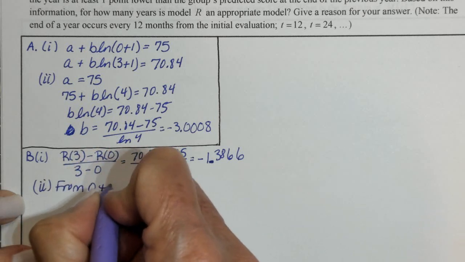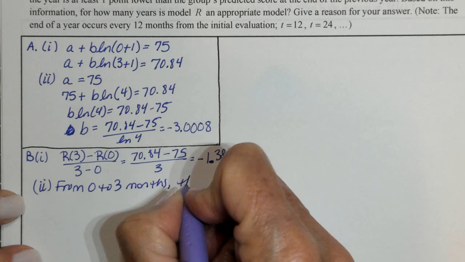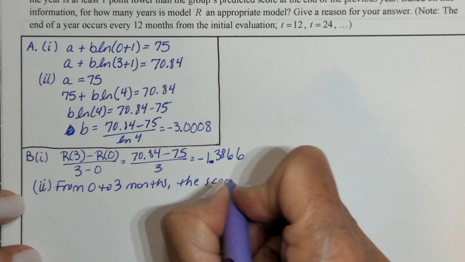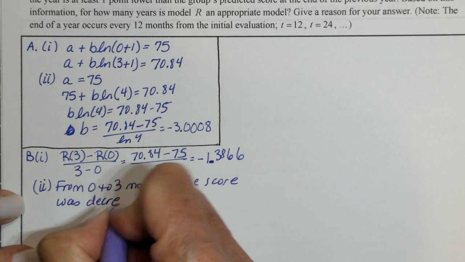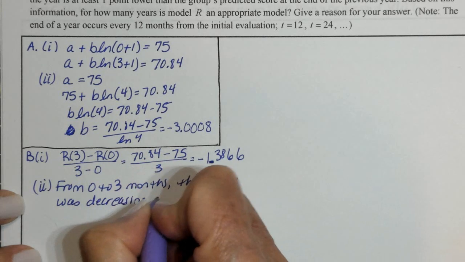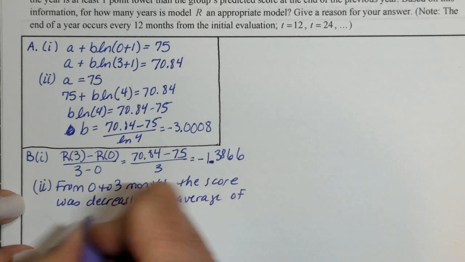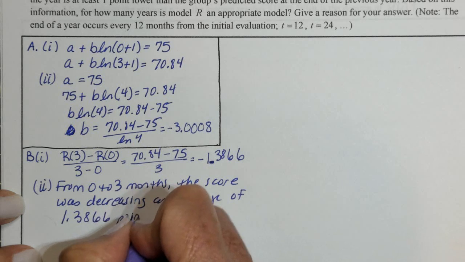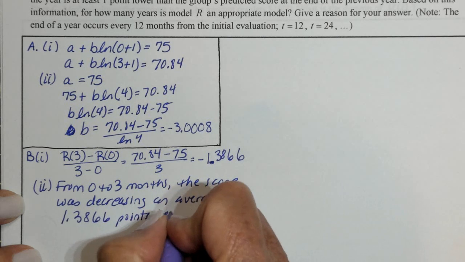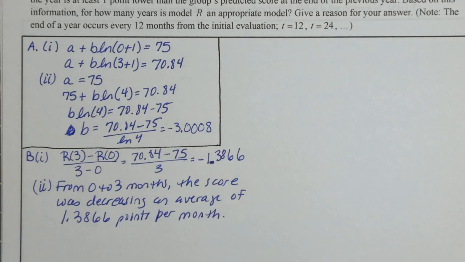From 0 to 3 months, the score was decreasing an average of 1.3866 points per month. That's the meaning of that average rate of change.